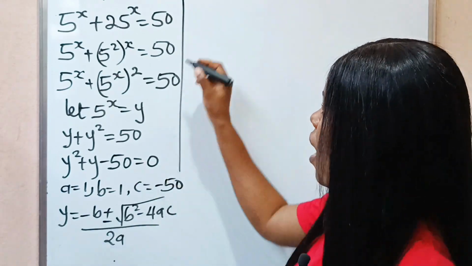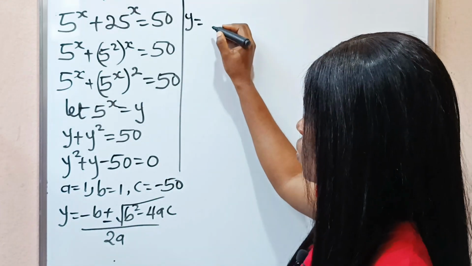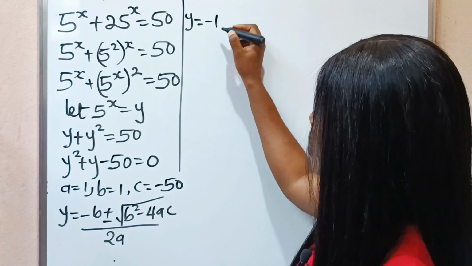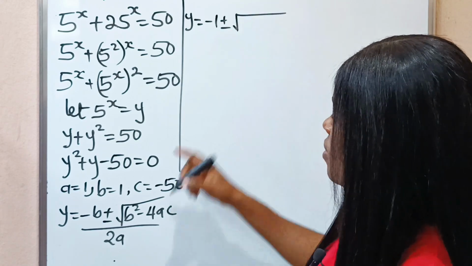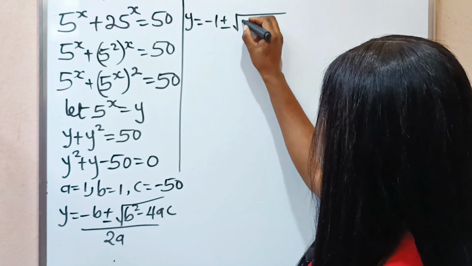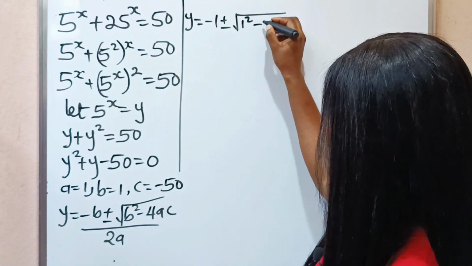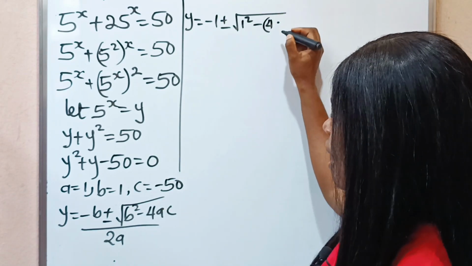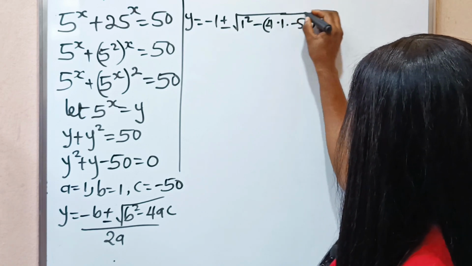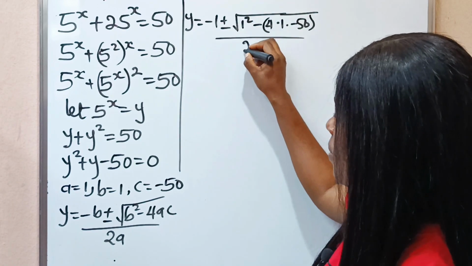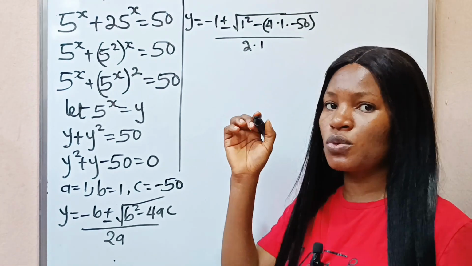All right, now our y is equal to minus 1 plus or minus the square root of, now b squared is 1, right? 1 squared minus 4 multiplied by a, which is 1, multiplied by c, which is minus 50, everything divided by 2 multiplied by a, which is 1.